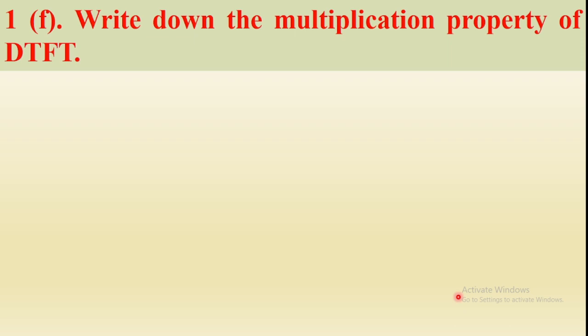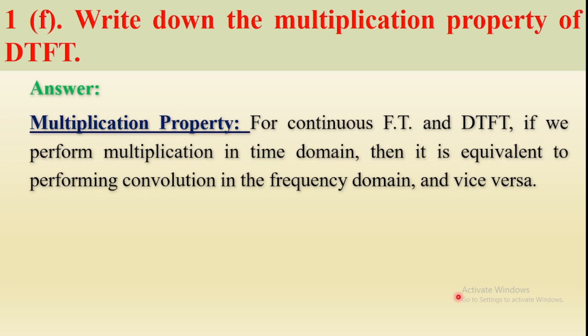Next short answer question is question number 1f. Write down the multiplication property of DTFT. The statement of the multiplication property of discrete time Fourier transform: for continuous Fourier transform and discrete time Fourier transform, if we perform multiplication in time domain, then it is equivalent to performing convolution in frequency domain.